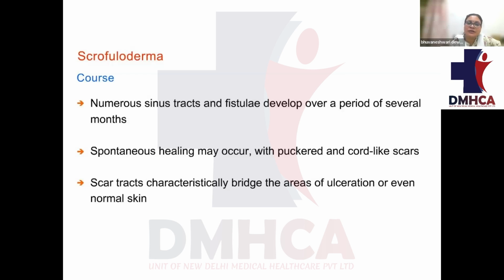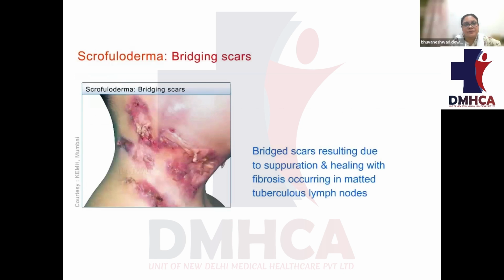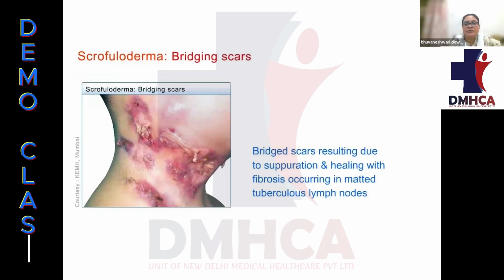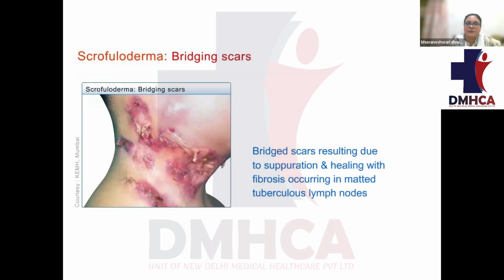This scar tract characteristically bridges the area of ulceration or even normal skin. Here we can see the formation of a bridging scar. This bridged scar results from suppuration and healing with fibrosis occurring in the matted tuberculous lymph nodes. So axillary lymph nodes are involved, forming bridging scars after healing.